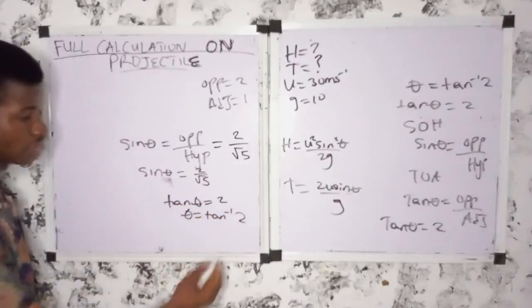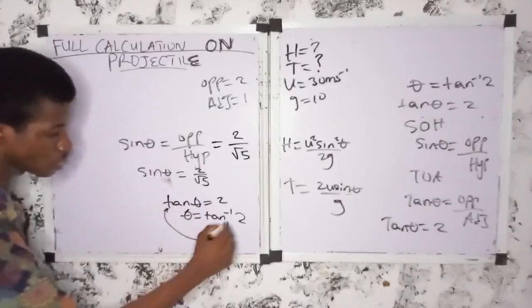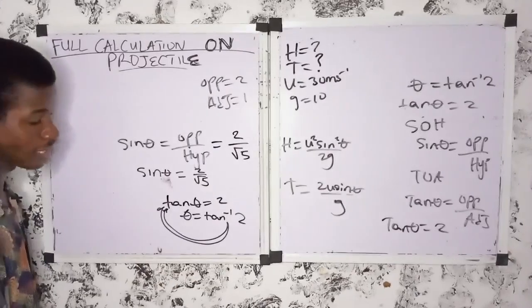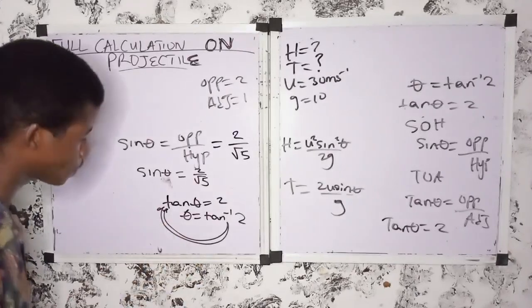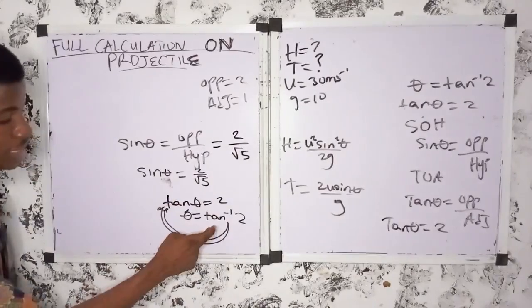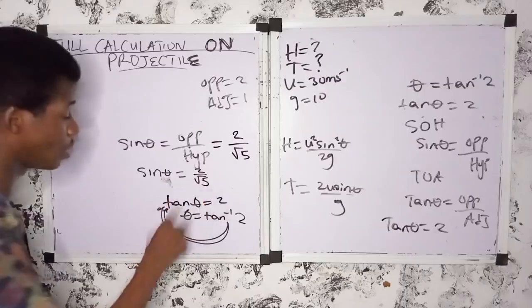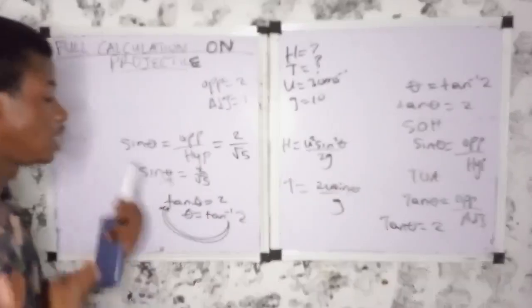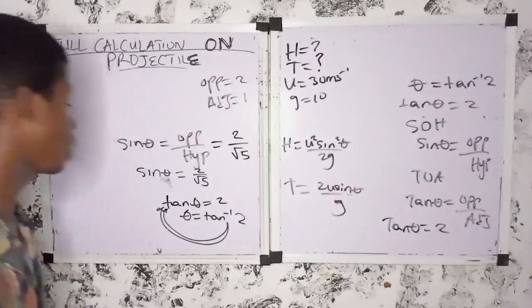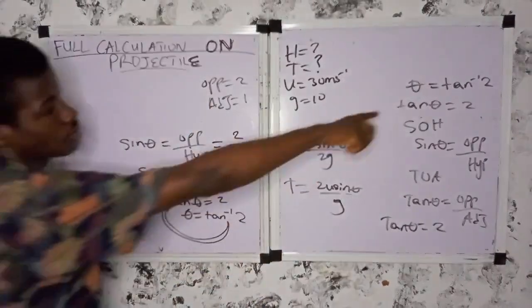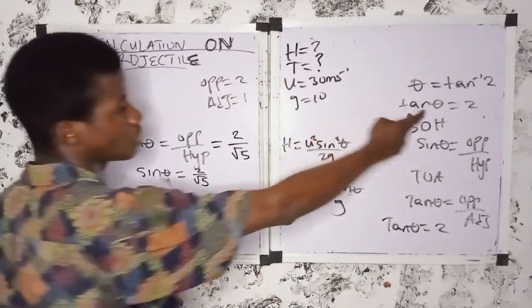So we arrive at inverse tan 2, and we take it back to tan theta. So tan theta is equal to 2, right?